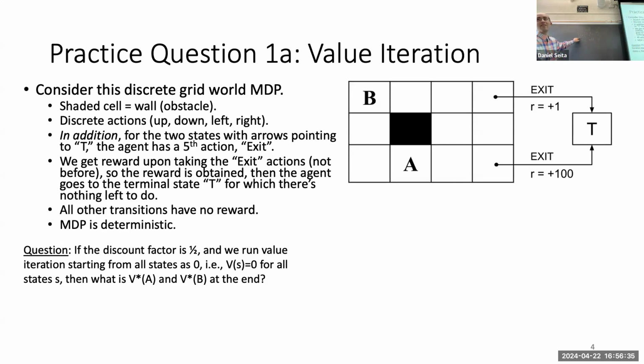Really we should have the subscript. Then what are the optimal values of A and B at the end, after value iteration converges? So think about that for a bit, and then we'll go over the details.